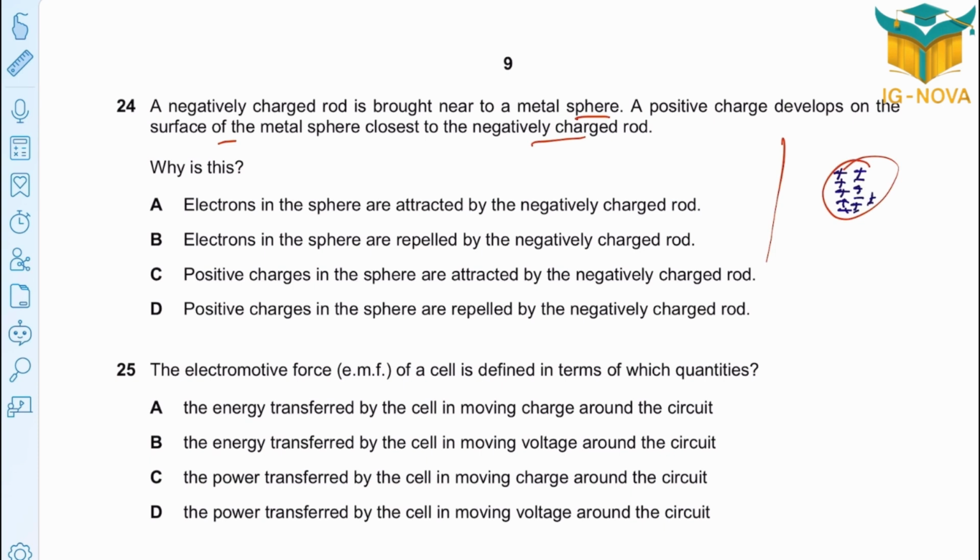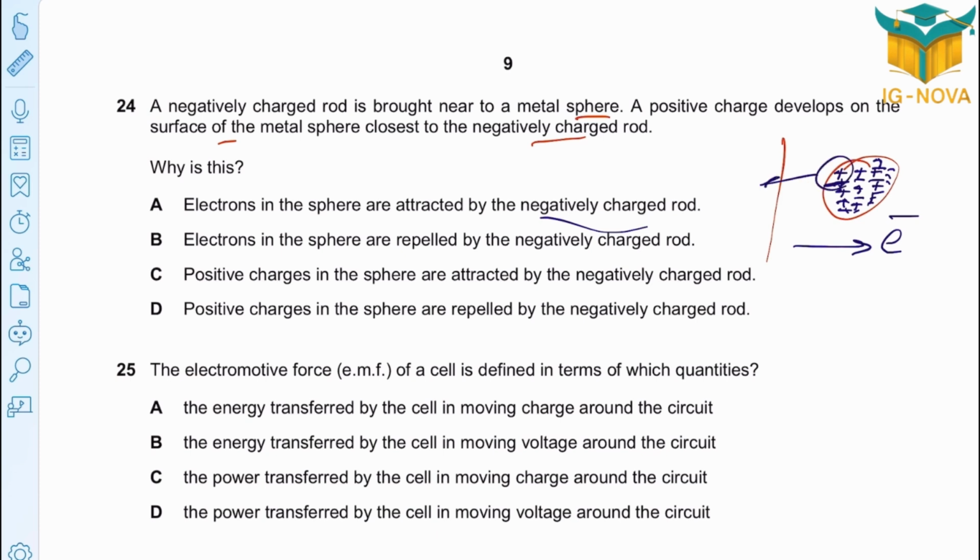Electrons will move away, because the electrons in the sphere are repelled by the negatively charged rod. The rod here is negatively charged, so the negative charges here will repel. Electrons will move.